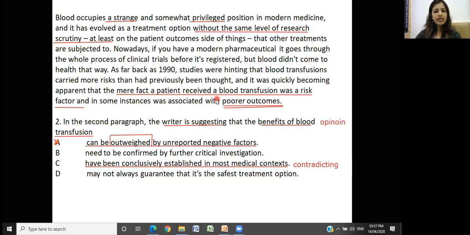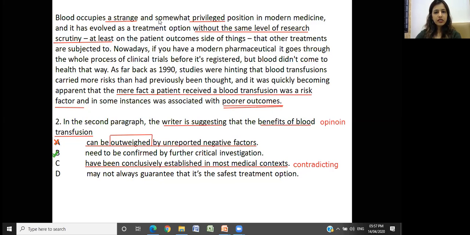So the writer is trying to point out that we still don't know. Okay, the writer himself in the beginning also said we don't know if there are more benefits or if there are more drawbacks of this. So therefore B is the correct answer, because there hasn't been enough research and we need more research on it.